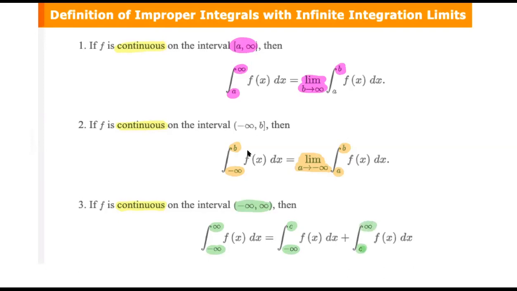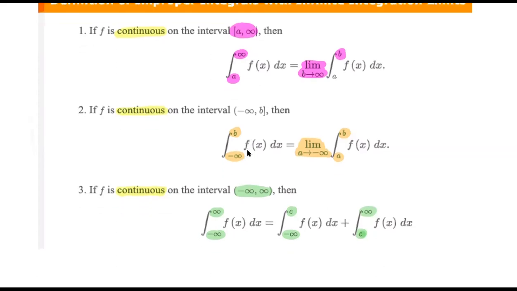And then what we really have is case 1 and case 2. All right, so case 1 and case 2 help us create this third case when we're going from negative infinity all the way to positive infinity.